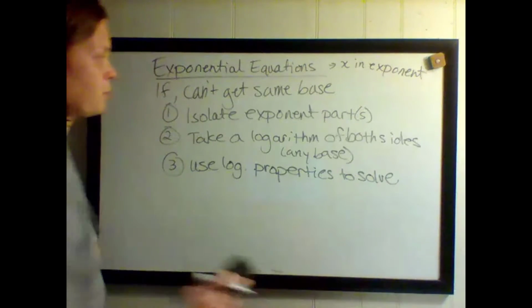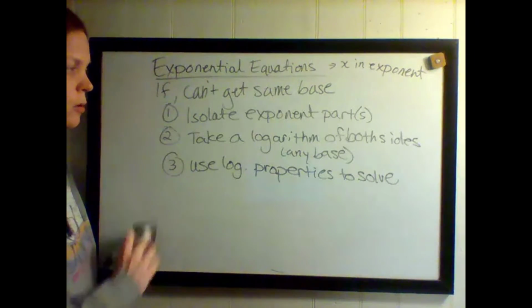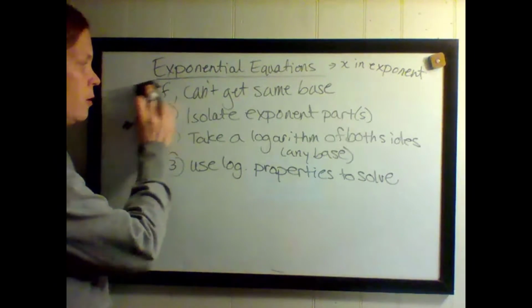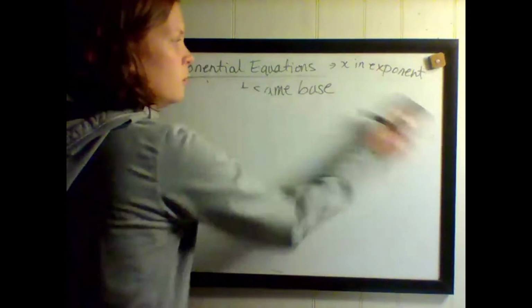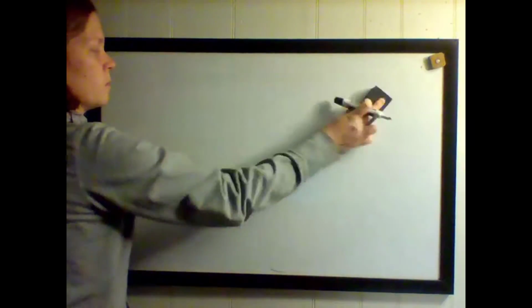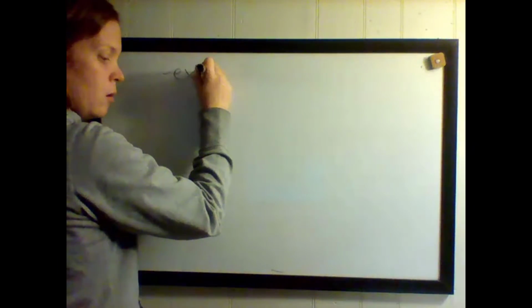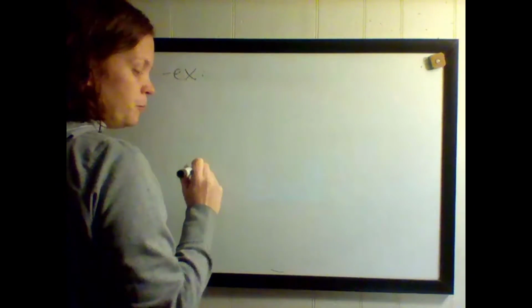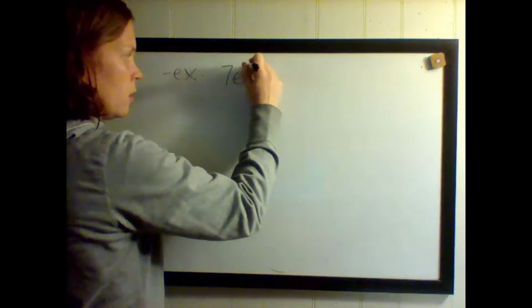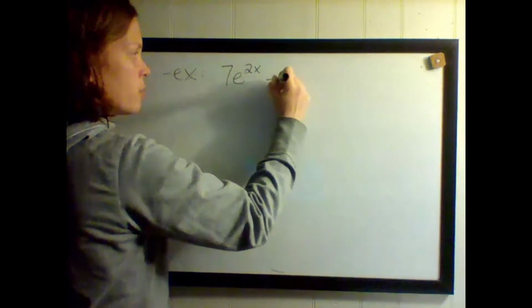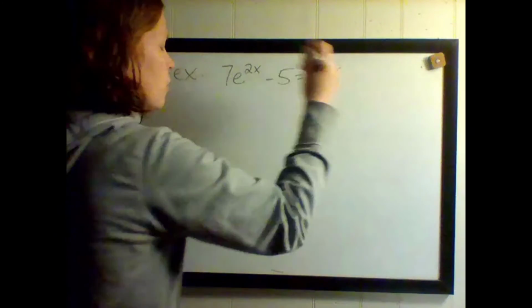Okay, so let's do an example, keeping these steps in mind. How about 7e to the 2x minus 5 equals 58.